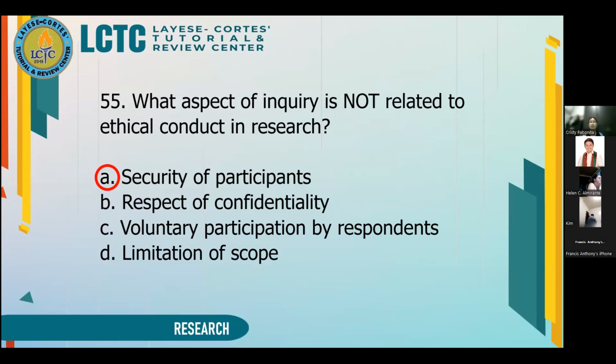Respect of confidentiality is very important in ethical conduct. Dapat voluntary ang participation, wala gipugos, and there must be limitation of the scope. So that's it. The answer is letter A.